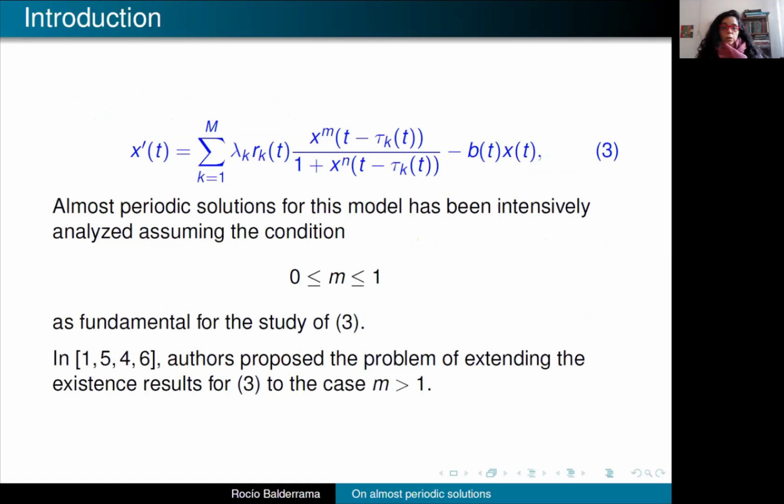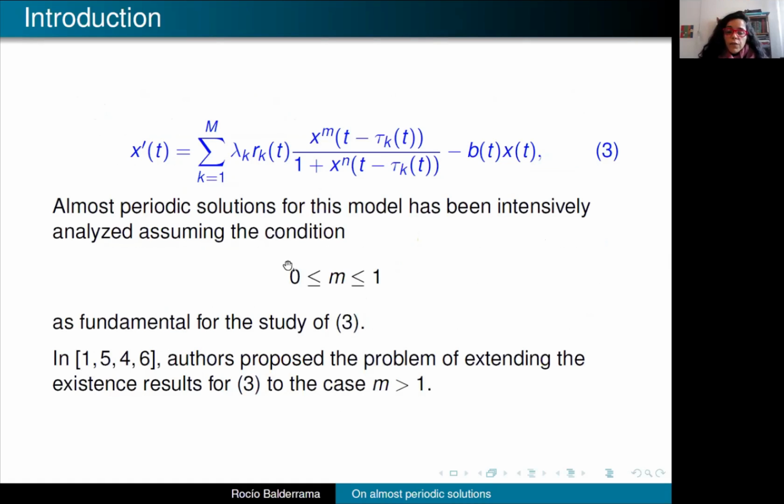Well, this is the model again. We have a lot of works where an almost periodic solution of this model has been analyzed.